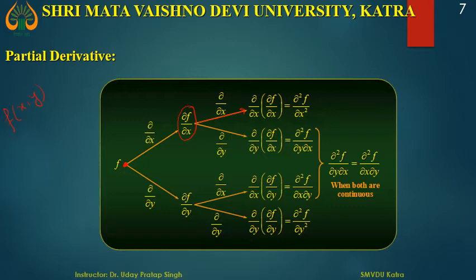Similarly, partial derivative of dou f by dou x with respect to y, this branch, dou by dou y of dou f by dou x, that is dou 2f by dou y dou x, right? Similarly, other derivatives also, this branch gives us dou 2f by dou x dou y, and this branch gives us dou 2f by dou y2.